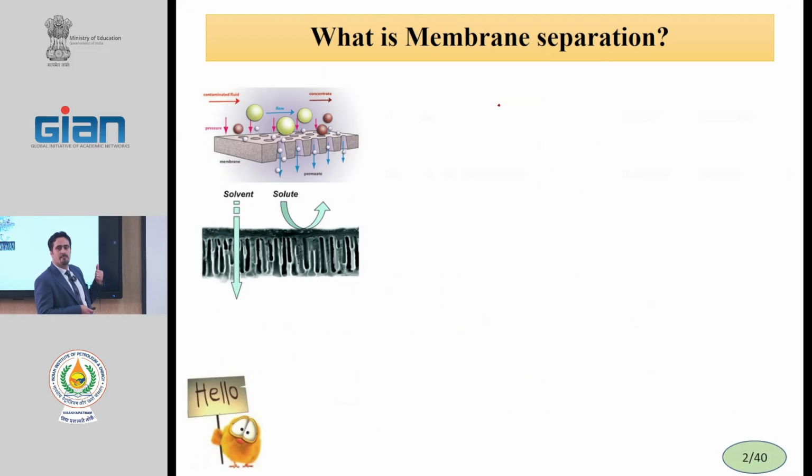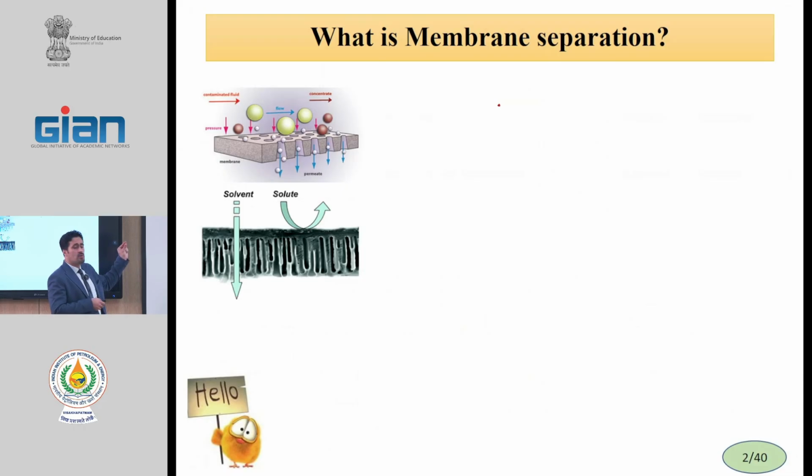But in membranes, we can separate dissolved ions and dissolved molecules in liquid, which filters cannot. The difference between filter and membrane is that the membrane can separate dissolved ions and dissolved molecules from the fluids, but in a filter, we only separate particles.